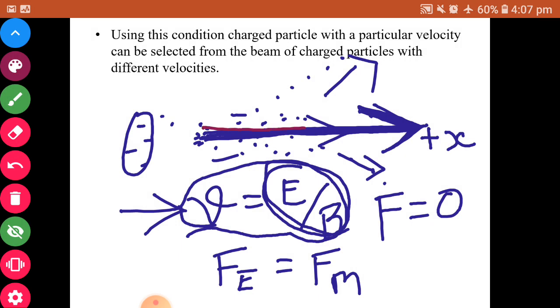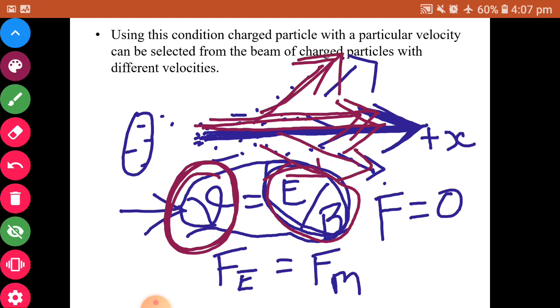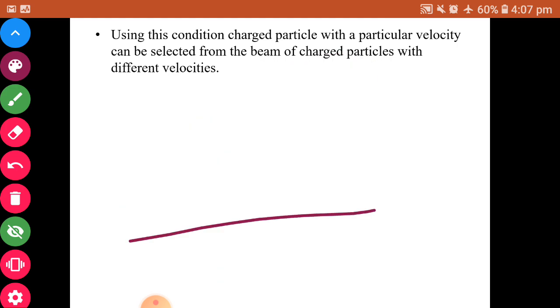This is the direction of motion of those charged particles having velocity E/B. All others will go in the other direction. So this works as a velocity selector.